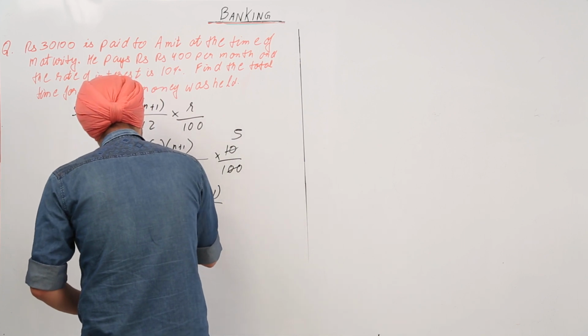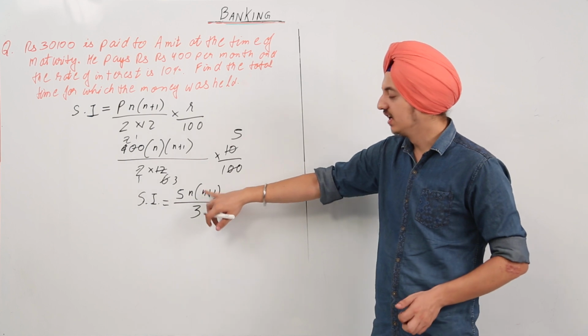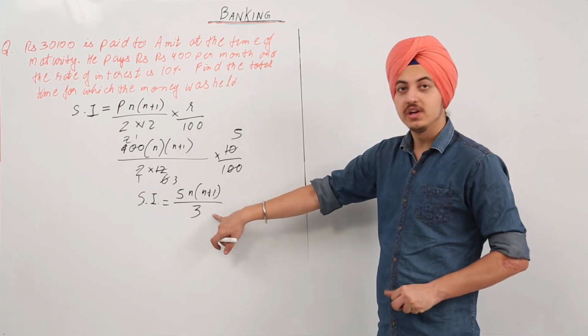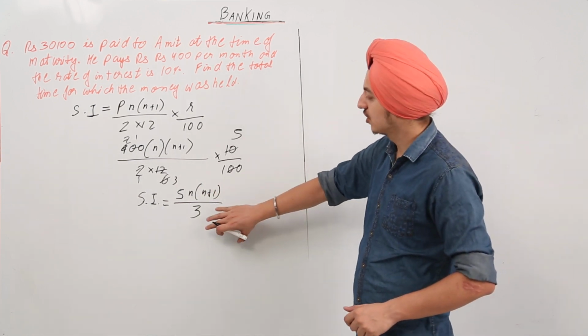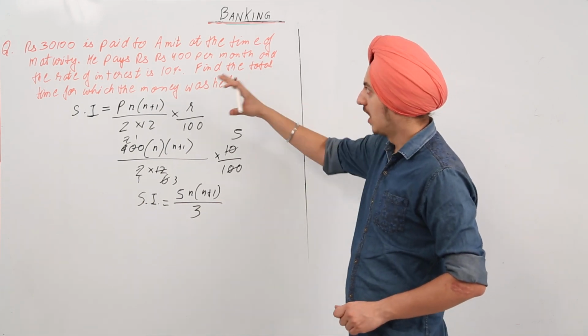So the simple interest in terms of N is equal to 5N plus 1 upon 3. So this is the simple interest, the total interest paid after the maturity time to Amit.